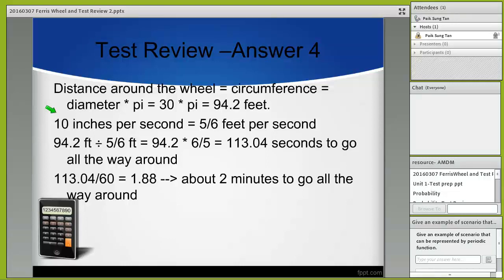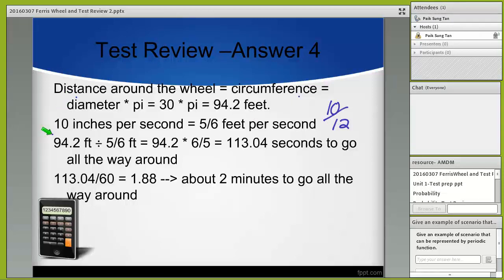Since it's 10 inches per second, instead of converting my feet into inches, I convert my inches into feet. 12 inches is 1 foot, so 10 inches is 5/6 feet per second. If you're not sure how I got that, you do 10 divided by 12, then you simplify it. Okay.